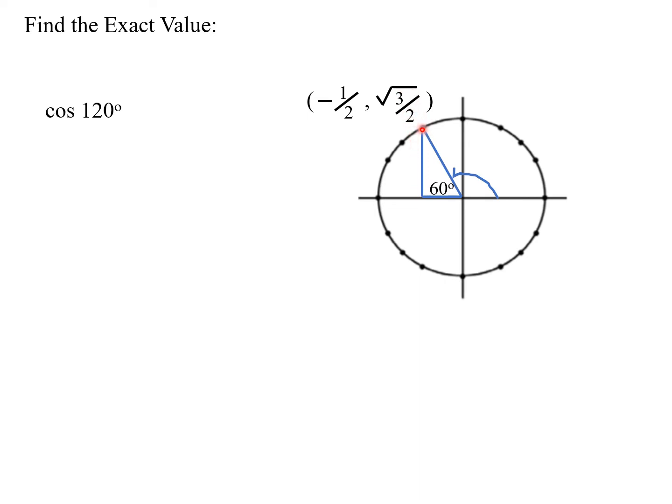Since the cosine is the x-coordinate, that makes the cosine of 120 negative 1/2. All we need to do is read it from the ordered pair of the point on the unit circle.